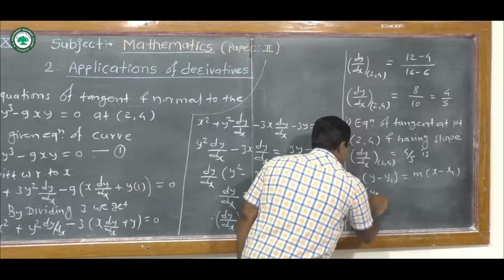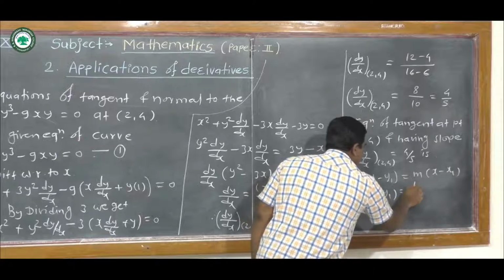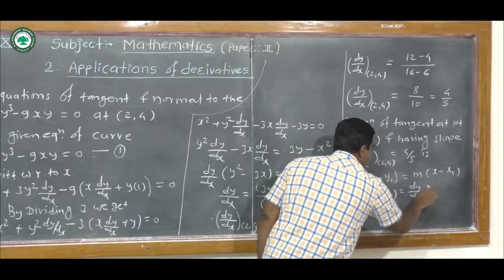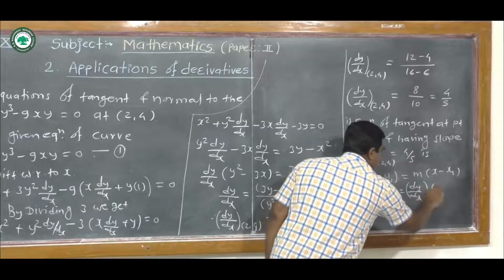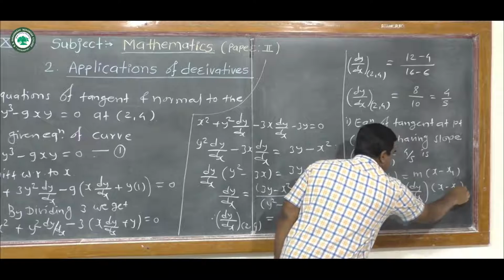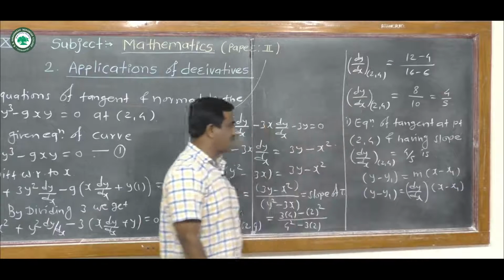That is, y minus y1 equal to dy by dx at given point (x1, y1) into x minus x1.